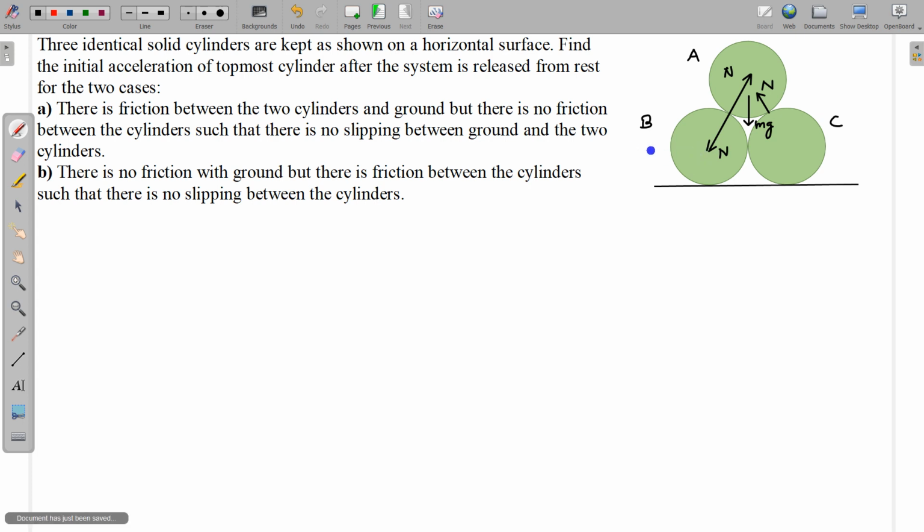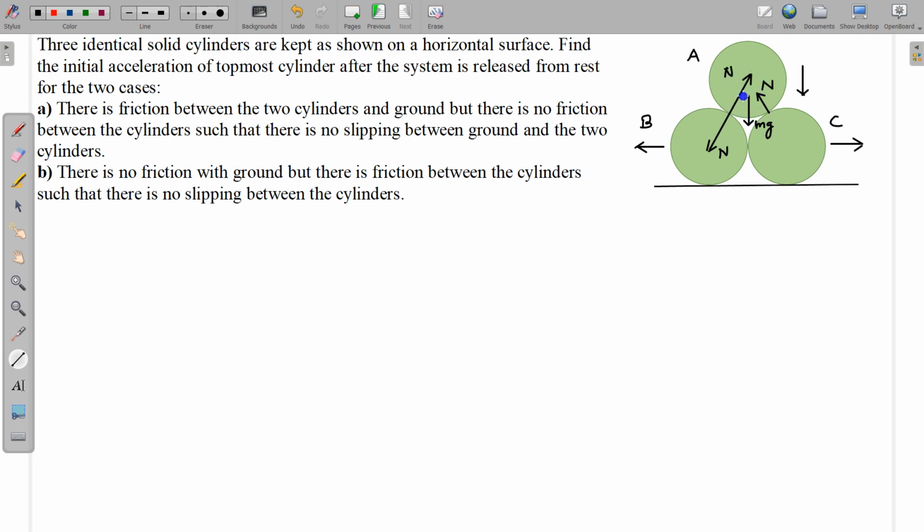Now this B will accelerate towards left. So acceleration of B will be towards left. Its acceleration will be towards right. And obviously the acceleration of A will be in the downward direction, because these two normals have vertical components and their horizontal components will be cancelled.